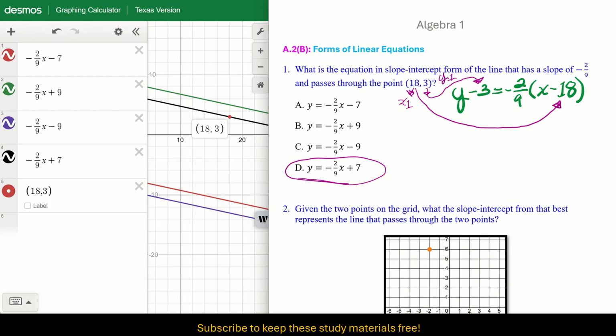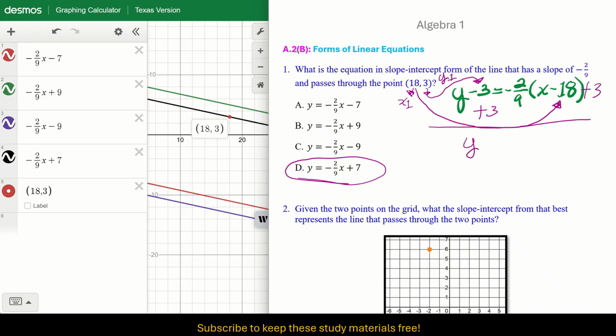Yeah, absolutely, I could follow through like I did with the other calculators and manipulate and solve for y. So I'll go ahead and do that. If I add 3 on both sides, what would I have?